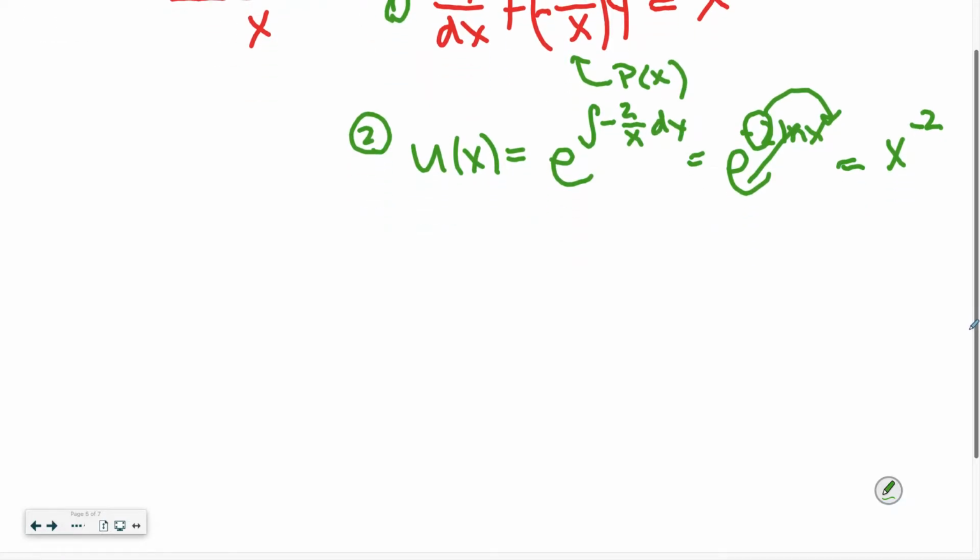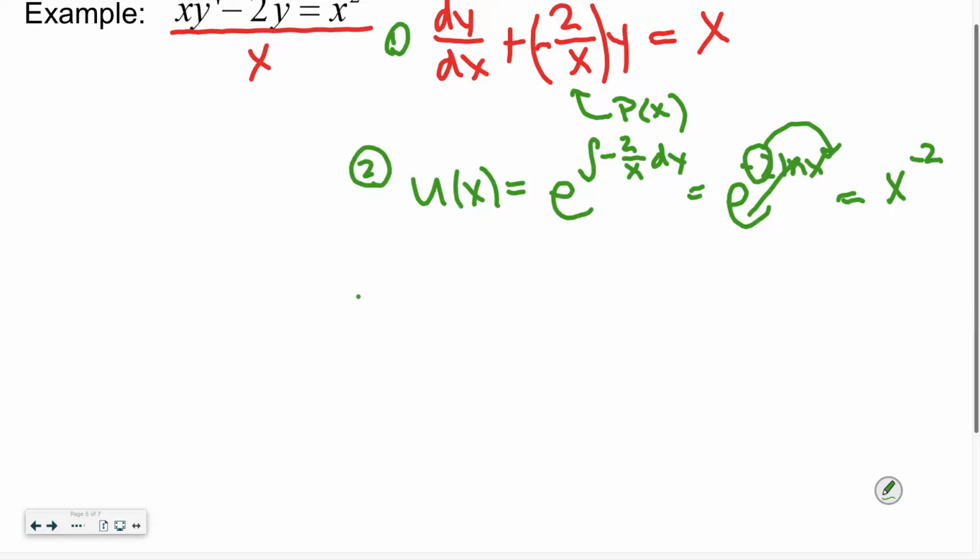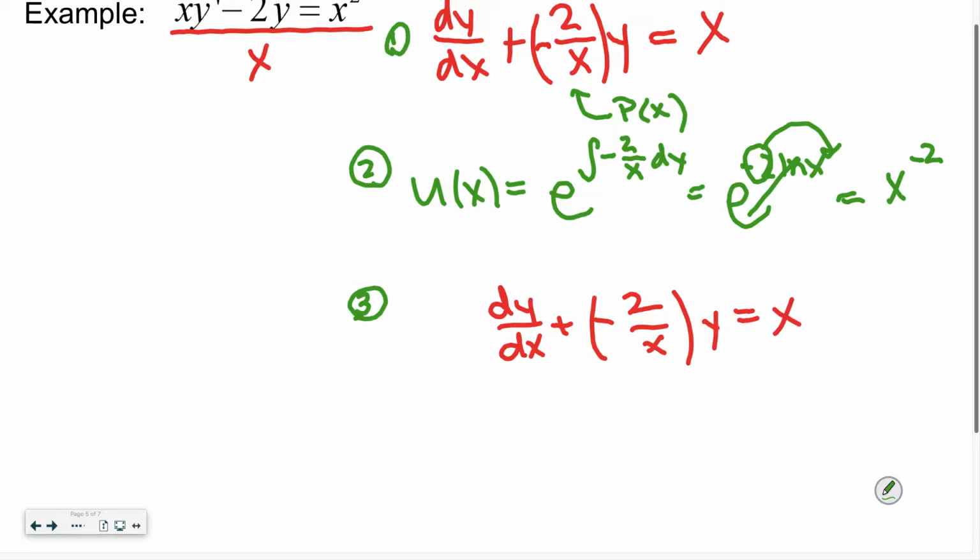So now, step 3. We need to take our first order linear standard form and multiply it by our integrating factor. I'm going to call our integrating factor 1 over x squared.